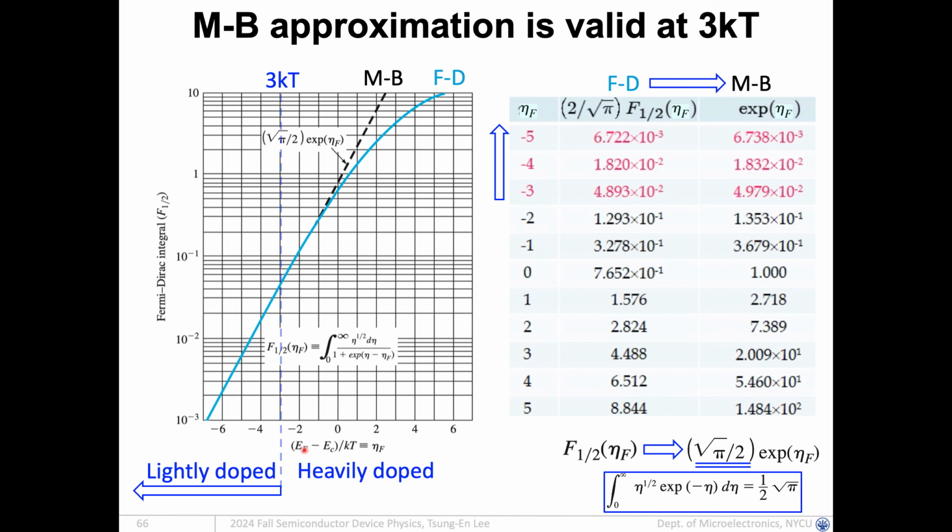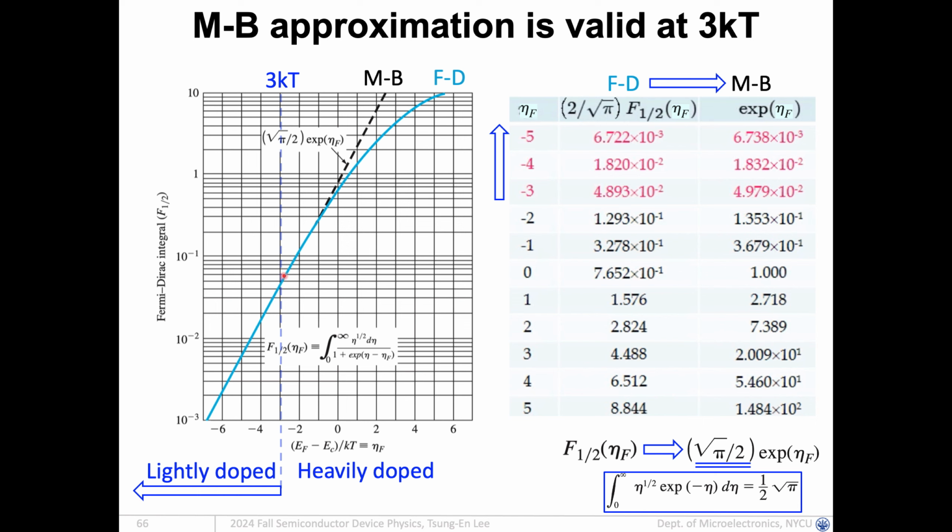If the Fermi level is farther below the conduction band, the value will become more negative. If the Fermi level is far from the conduction band, it means the doping carrier concentration is not too high. You can understand it as lightly doped. And why a Fermi level far from the conduction band means lightly doped, we will explain later.